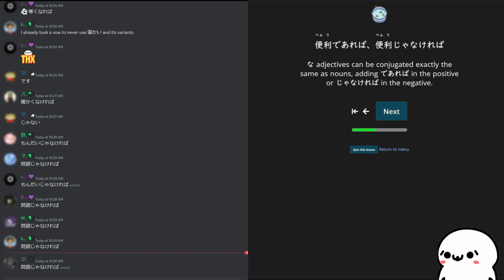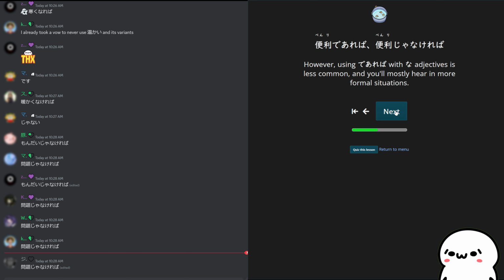So benri de areba or benri janakereba. If it's convenient, if it's not convenient, same thing as the nouns. Nouns and not adjectives are the same. Now, this first form, this not adjective plus de areba, you actually don't see it that often, as Renshu notes in the next panel. It's not super common.